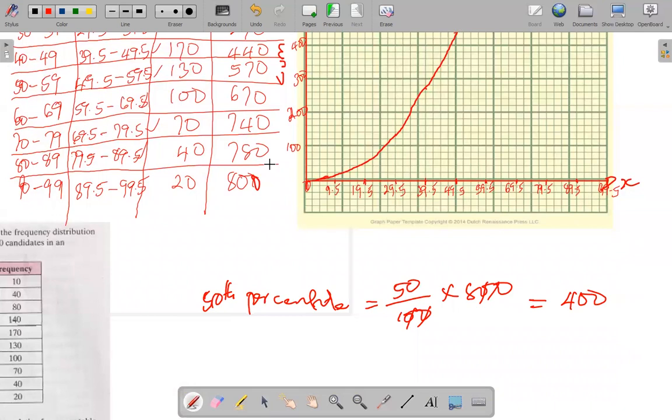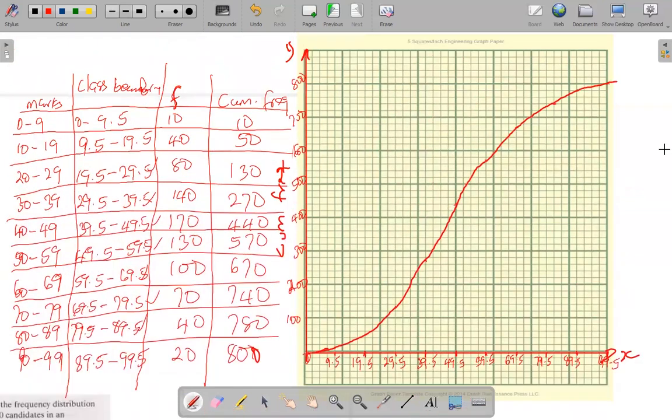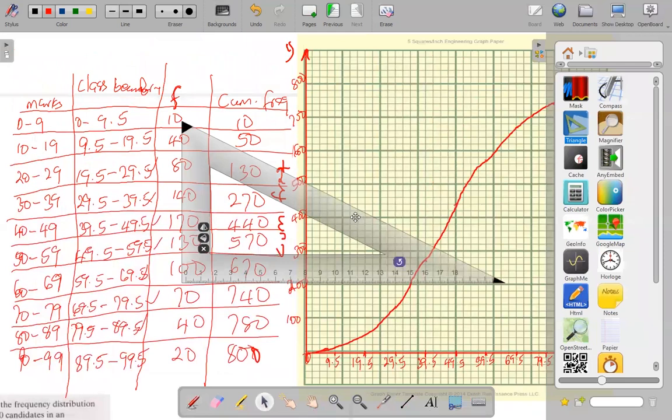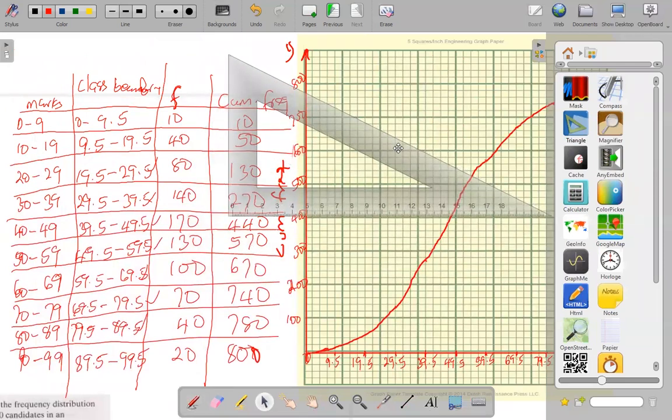So we'll locate 400 on the OG, trace it to reach the curve, and then trace it down to the x-axis. We need a ruler to do that. Unfortunately, I can't find the line this time. This is my app, so I'm going to make use of anything that looks like a ruler. That is my 400 there. I'm going to use a dotted line.